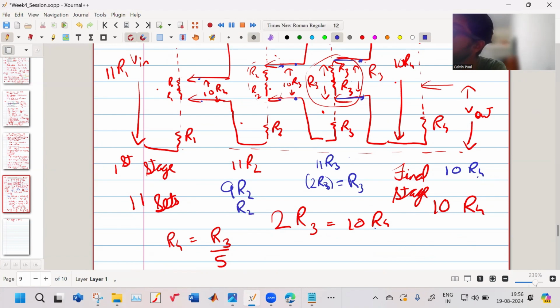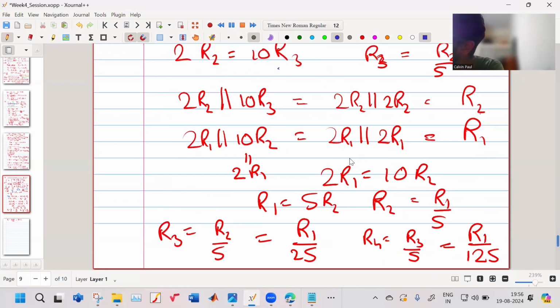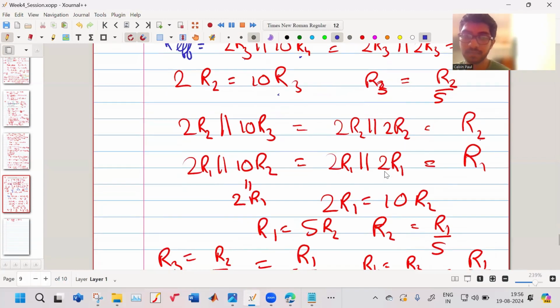So 9 R2 plus R2 becomes 10 R2. That is seen across this point. This point sees 10 R2, and that 10 R2 is set to be equal to 2 R1. And again, you will do that same logic. Okay. So is that clear?